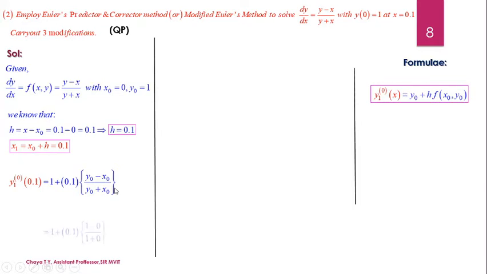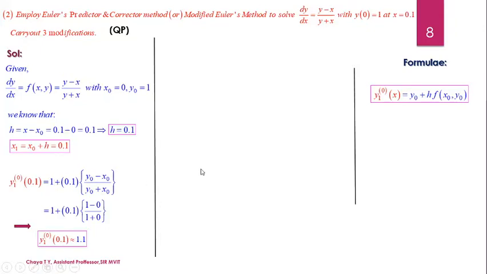Then we are going to use a calculator to simplify the expression obtained. When I simplify it further, I am going to get the value of y1 with the 0th modification or in the initial step at the point x is equals to 0.1 as 1.1. Now this is the value of y1 at the point x is equals to 0.1 without using any modification.